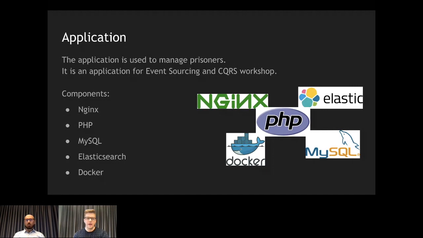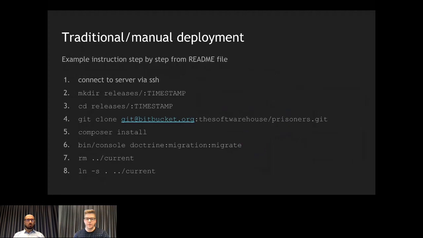All right, so what would the traditional or, let's say, manual deployment look like? When we join the project, we probably look at the README file and try to find some information about how to deploy or how to run the project on the machine.